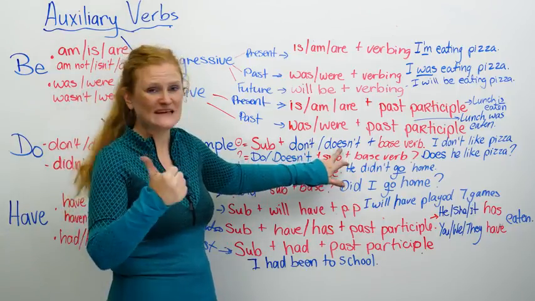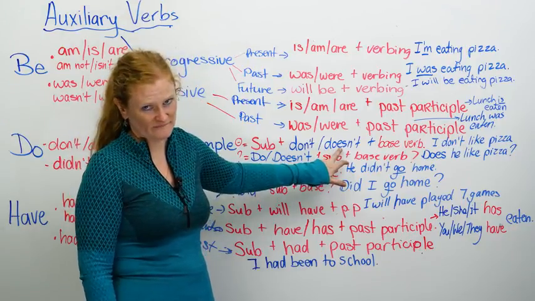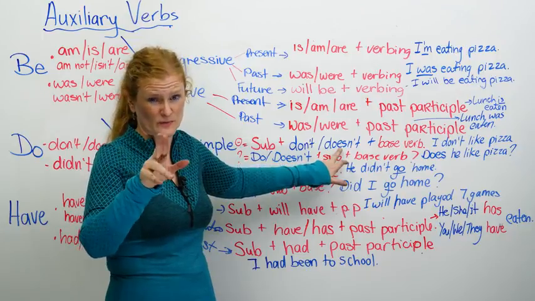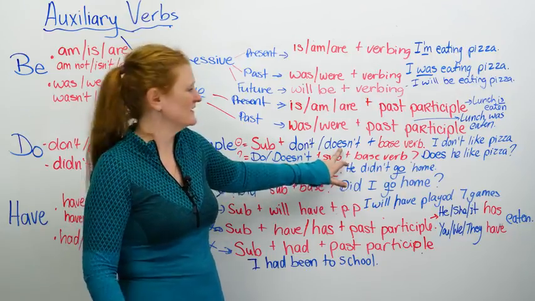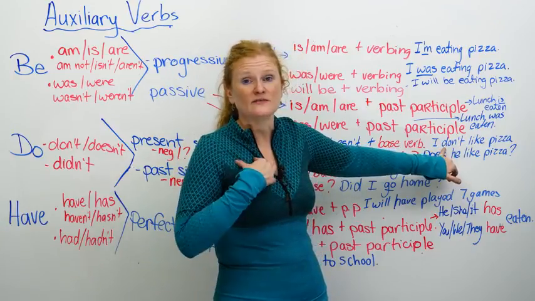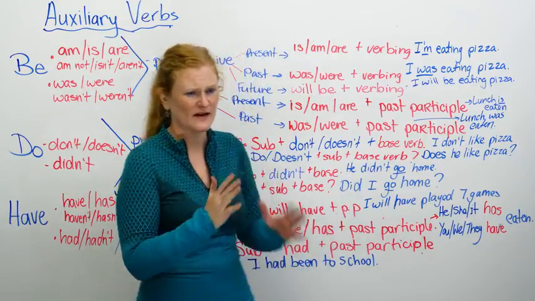But if it's he, she, or it, we have to use doesn't. So you always have to be careful with your subject and your verb agreement. They have to agree. So as an example, I don't like pizza. If I used he, I would say he doesn't like pizza.